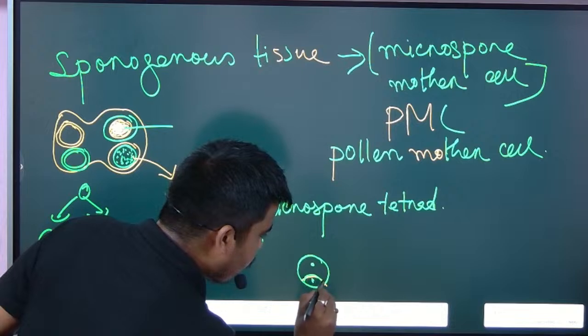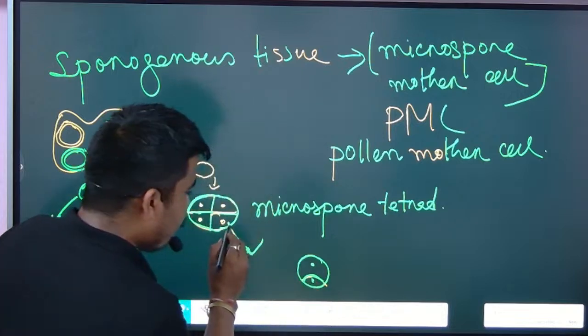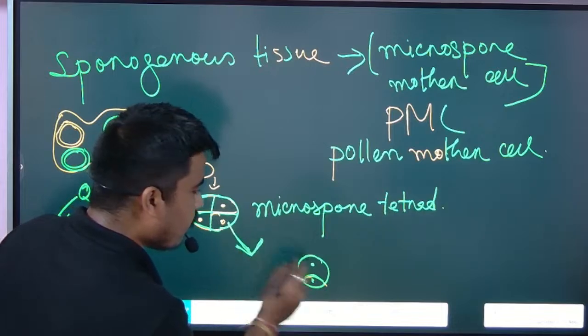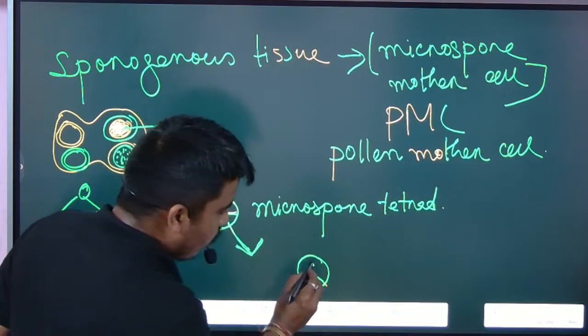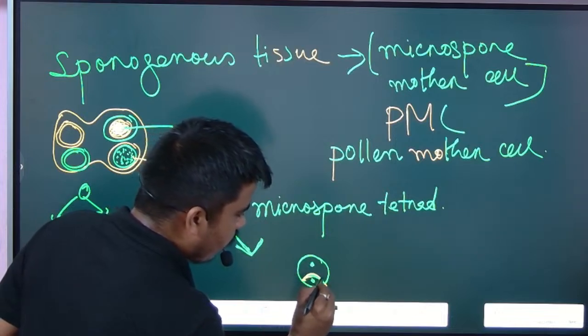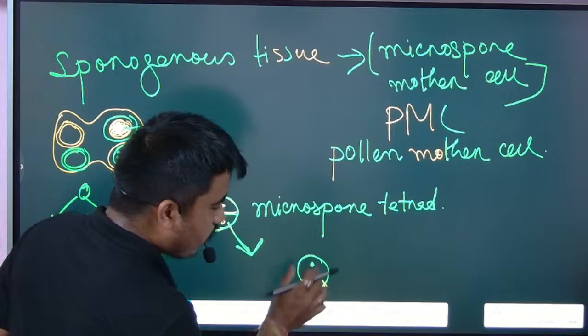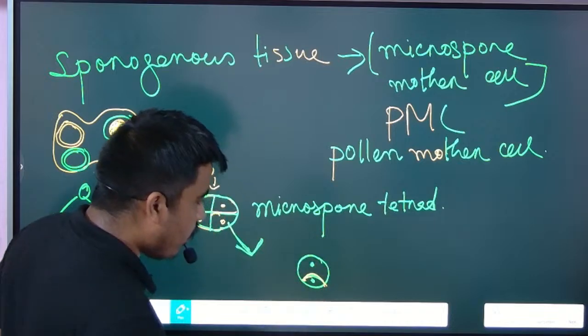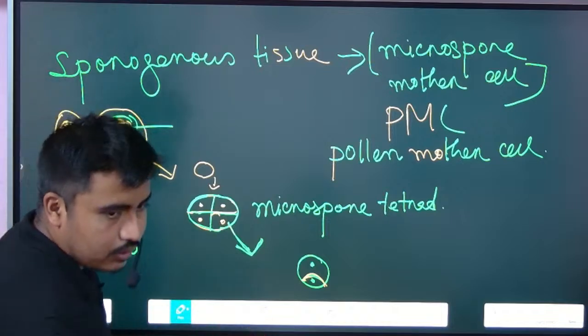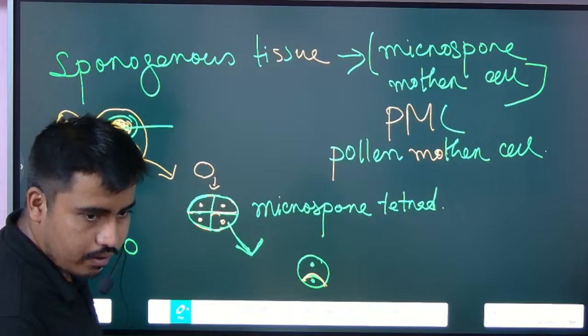Further, each of the 4 cells will create a cell with 2 nuclei, where the size of one cell is smaller than the other cell. This kind of division occurs when it is not an equal division, a different division, you can say.